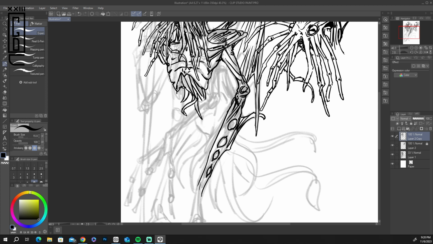Okay, just remember this. We are doing this in real time. So I'm designing and I'm actually inking every single part of this creature this time.